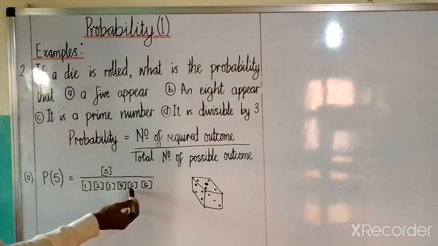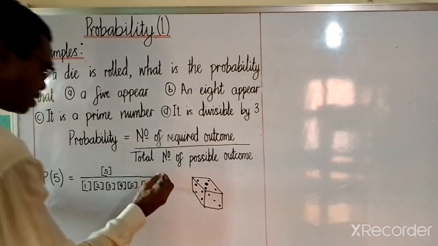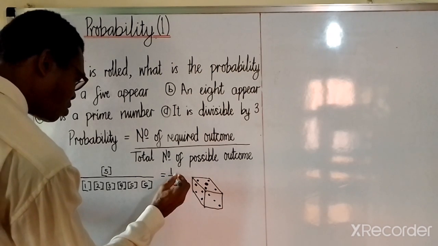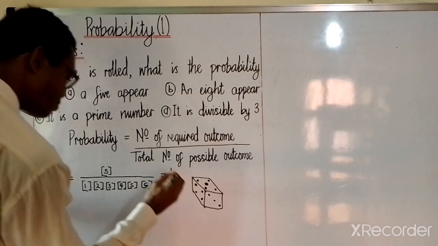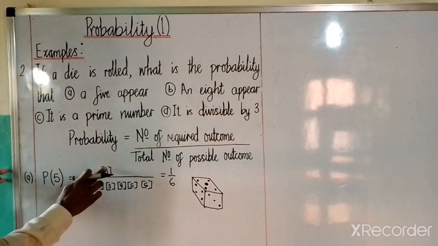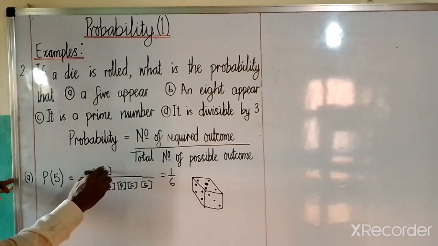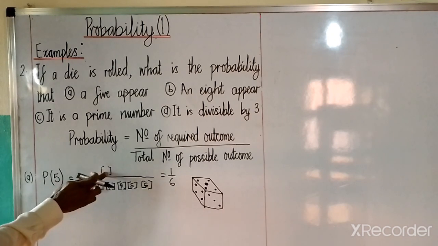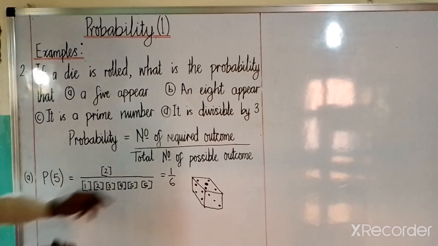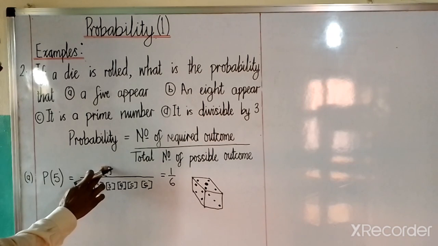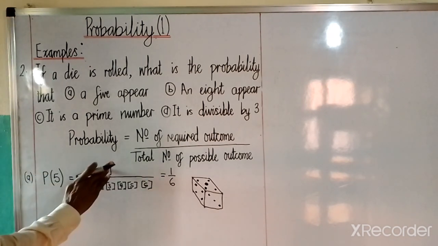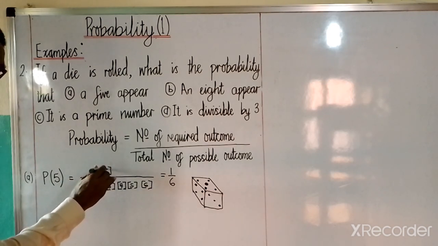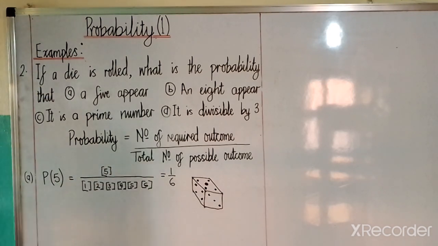So 5 is appearing, and that will give you 1/6. If a 4 is appearing, it's just one event, it will give you the same answer. If we want a 2 to appear, it will still give you the same answer. If we want a 3 to appear, it will still give you the same answer. So any number from 1 to 6 will give you the same answer. But we want a 5 to appear.